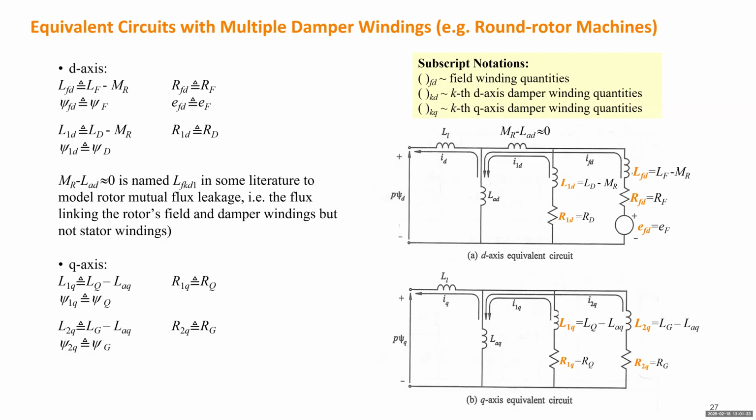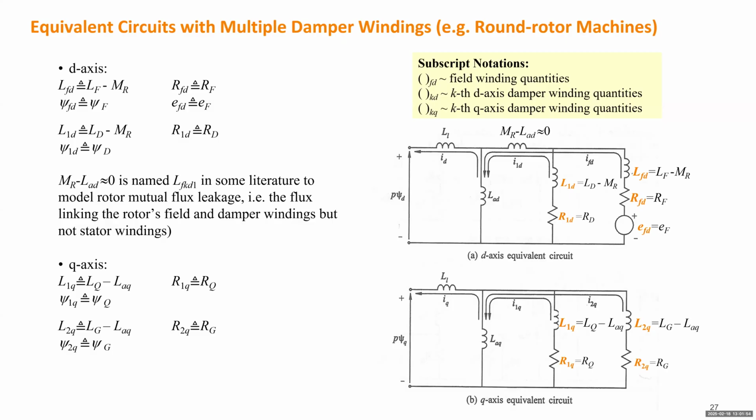On these slides, we have to change the naming convention. From now, we don't want to call them LF, RF, or LD, because they are meaningful in the original circuit. But in this equivalent circuit, we only want to give each inductance of any branch a single name, a single notation.